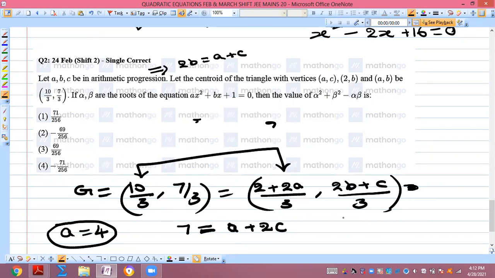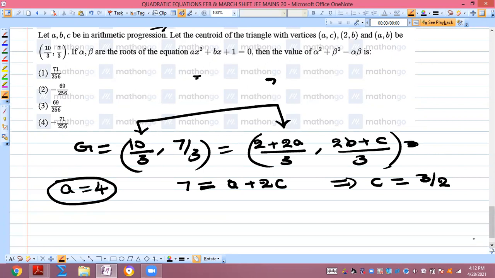A is 4, so 7 minus 4 is 3. So c is equal to 3 by 2. Now we have A and C, so B we can calculate. 2B is equal to A plus C, that is 4 plus 3 by 2, which is 11 by 2. So b is equal to 11 by 4.